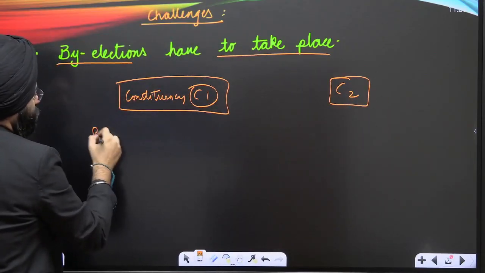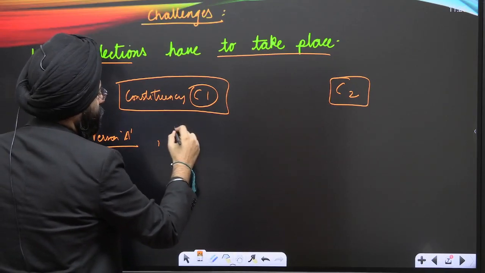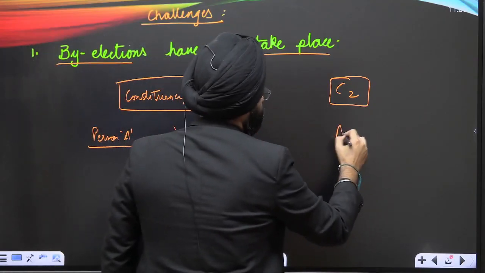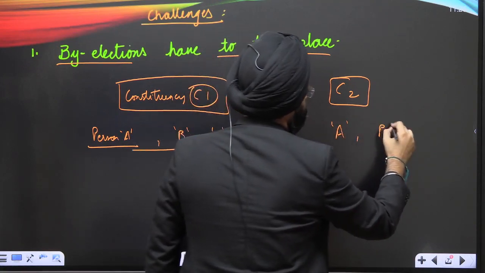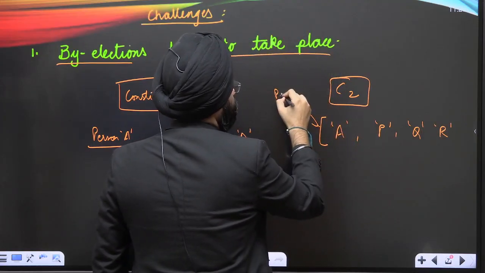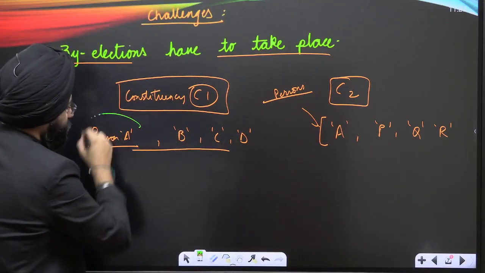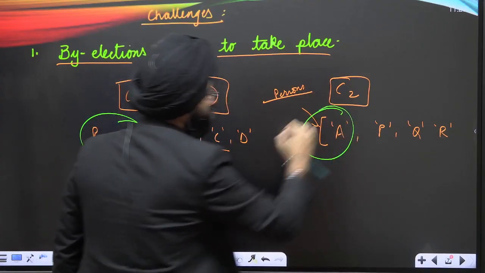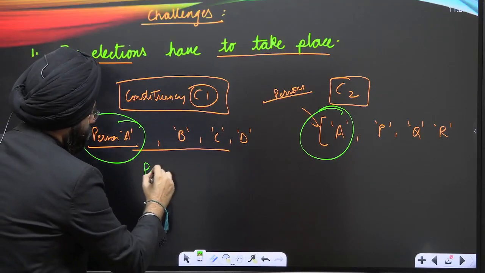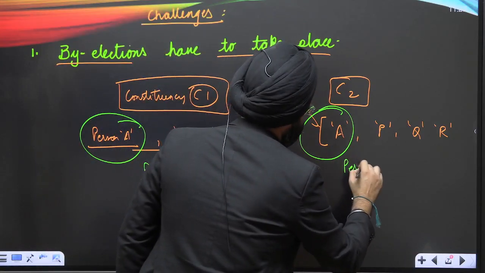A person A is fighting the election here along with persons B, C, and D. Over here also person A is fighting along with, let us say, P, Q, R. All these are persons fighting the elections. Do you realize there is a commonality: person A is fighting from both constituencies. Supposing person A wins here also and person A wins here also.